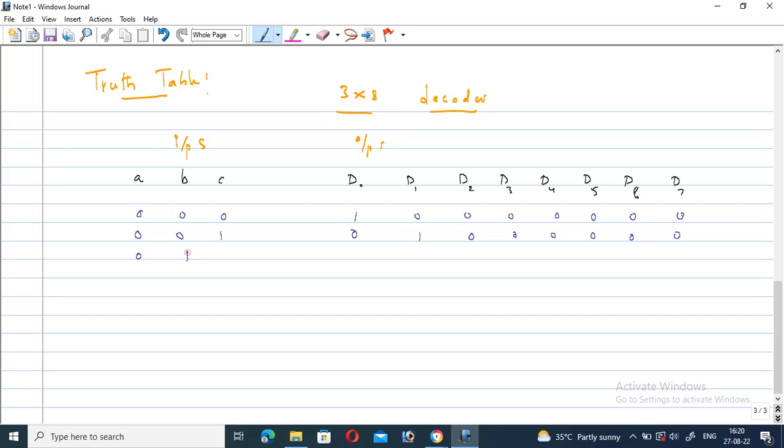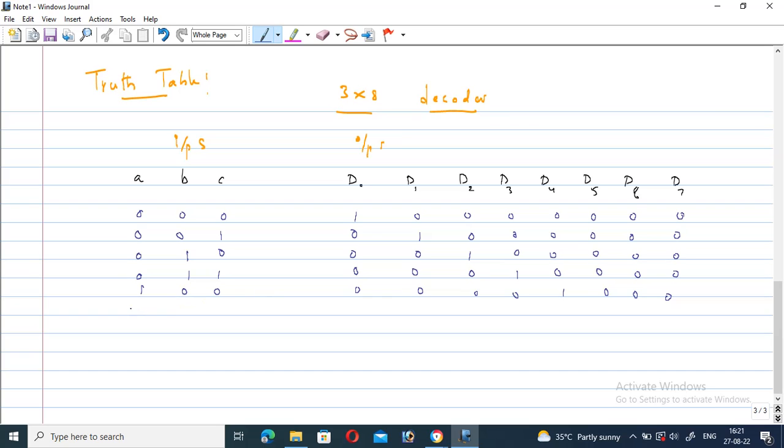For 0, 1, 0 combination, that is nothing but the binary equivalent of 2, only D2 is activated and the remaining are all in 0 position. For 0, 1, 1 case, D3 is activated and the remaining are all zeros. For 1, 0, 0 case, that is nothing but 4, only D4 is activated and the remaining are all zeros.